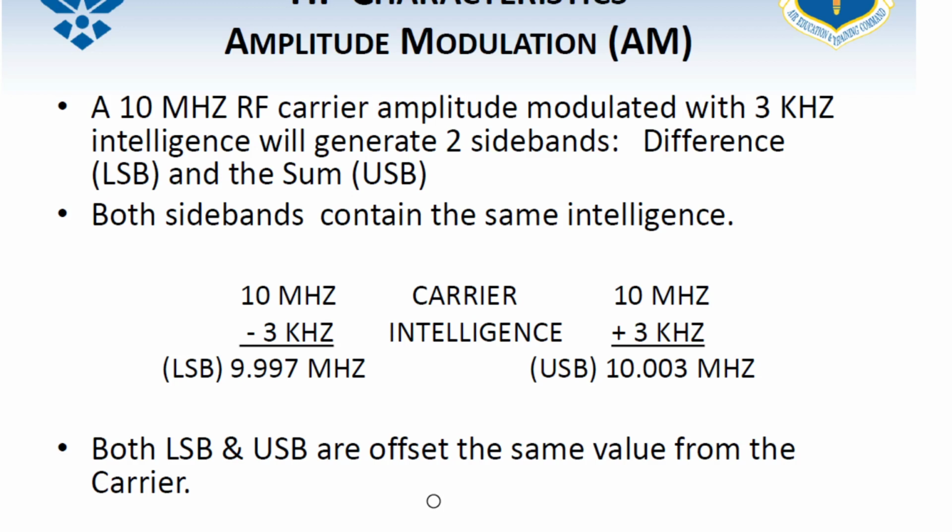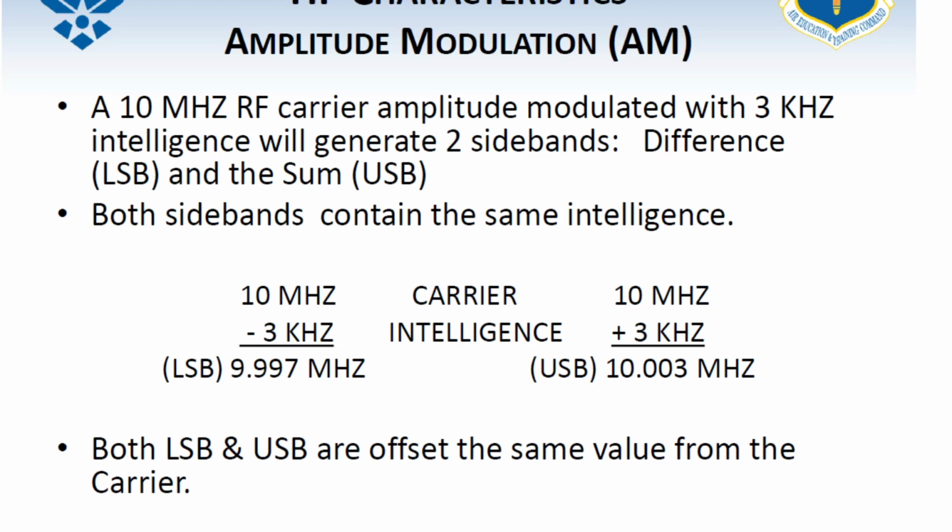With the information we were just given, if you use a 10 megahertz RF carrier amplitude modulated with a 3 kilohertz intelligence, it will generate two sidebands, the difference and the sum. It's your lower and your upper. Both sidebands contain the same intelligence. What is intelligence? The information that's carried inside the frequency. What type would that information be?